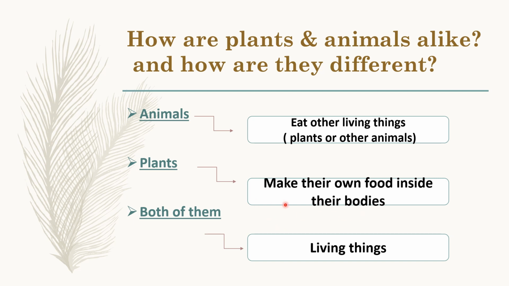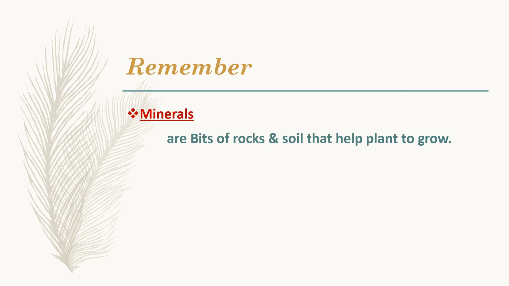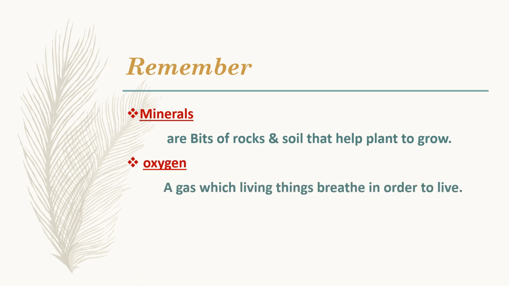They don't eat other animals, don't eat from outside. They make their own food inside their bodies. Don't forget this. Remember your vocab meaning. Minerals are bits of rocks in soil that help a plant to grow. Oxygen, a gas which living things breathe in order to live.